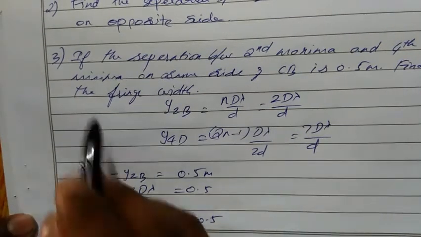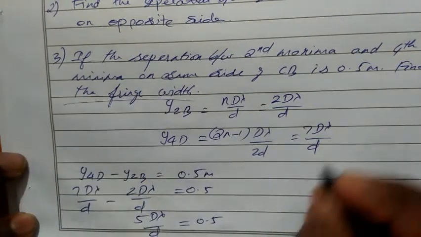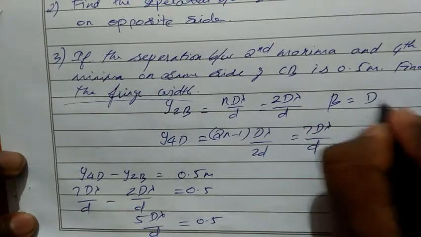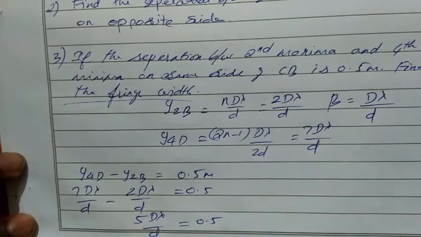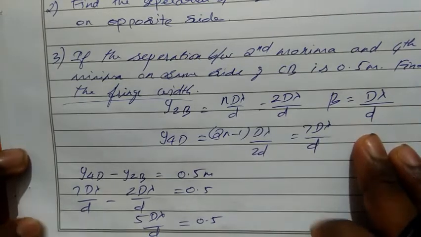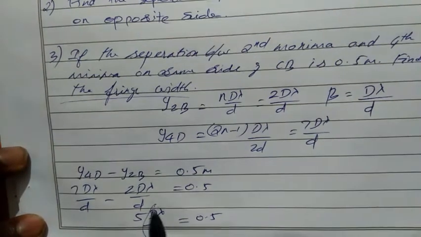Now tell me the formula for fringe width. We know fringe width beta equals d lambda divided by d. So this is the formula for fringe width, and we have to find this d lambda divided by d.